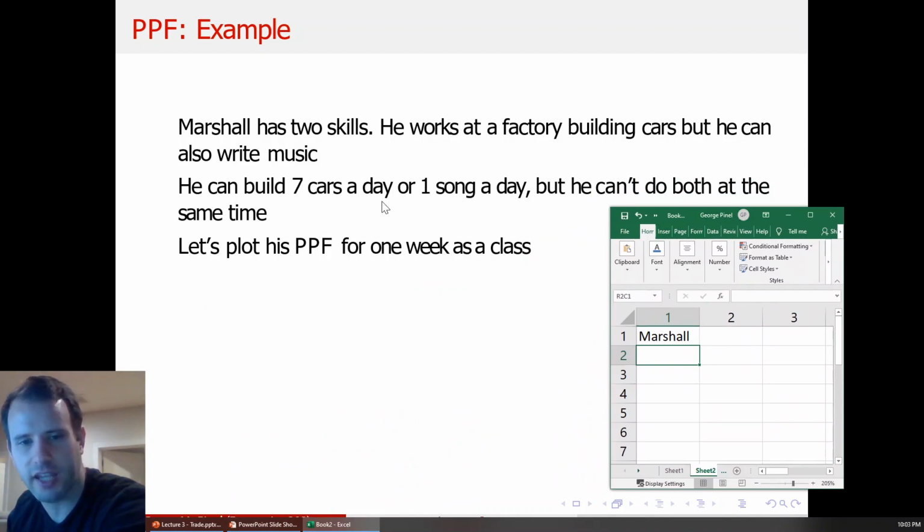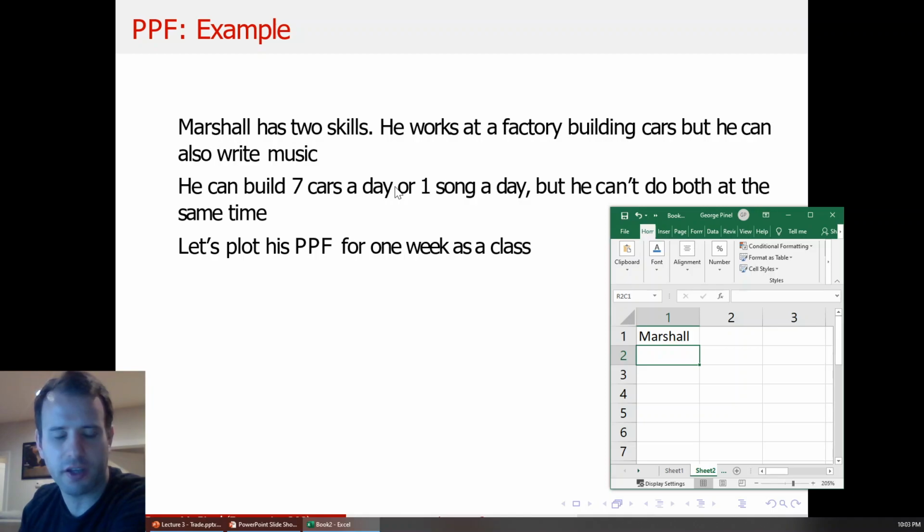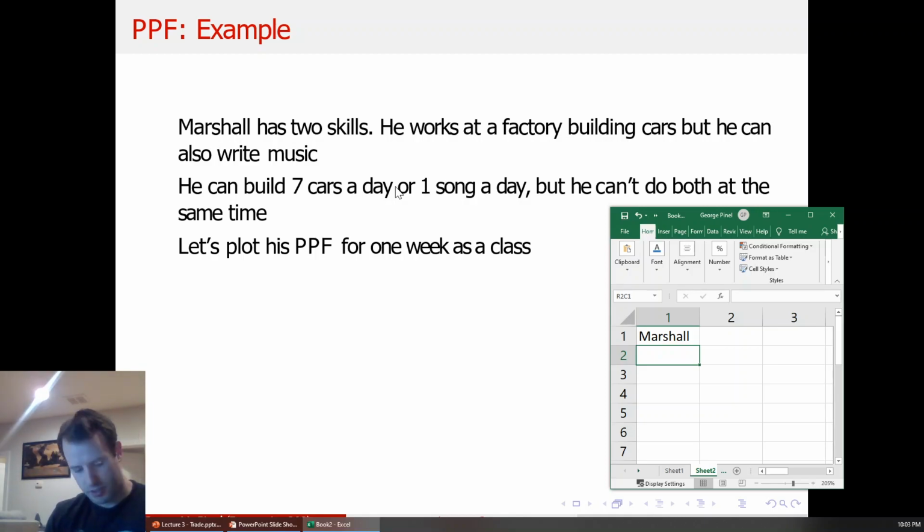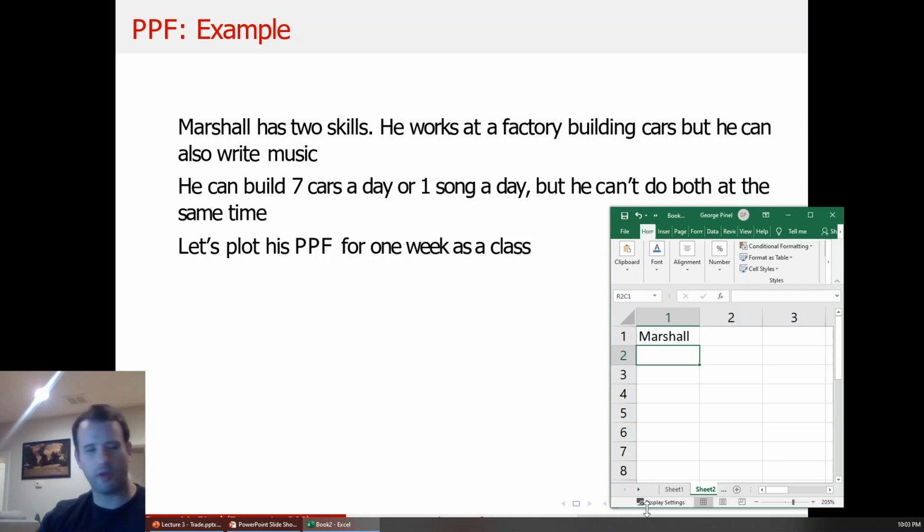Okay, so 7 days of song making and car building. Okay. So what can Marshall do in those 7 days? Okay, so we can have 1 day then we can have half days or whatever. But for this table, I'm just going to do it in discrete elements, 1 day each.